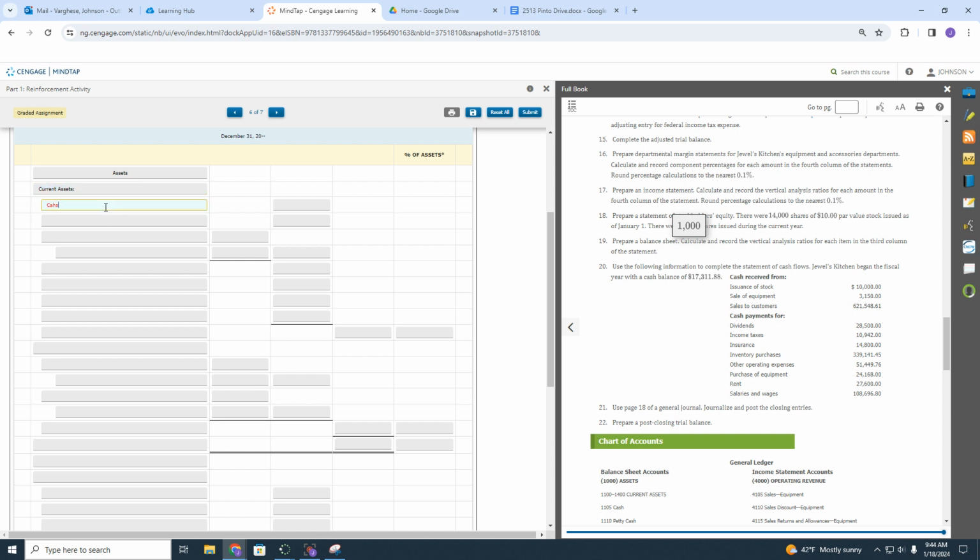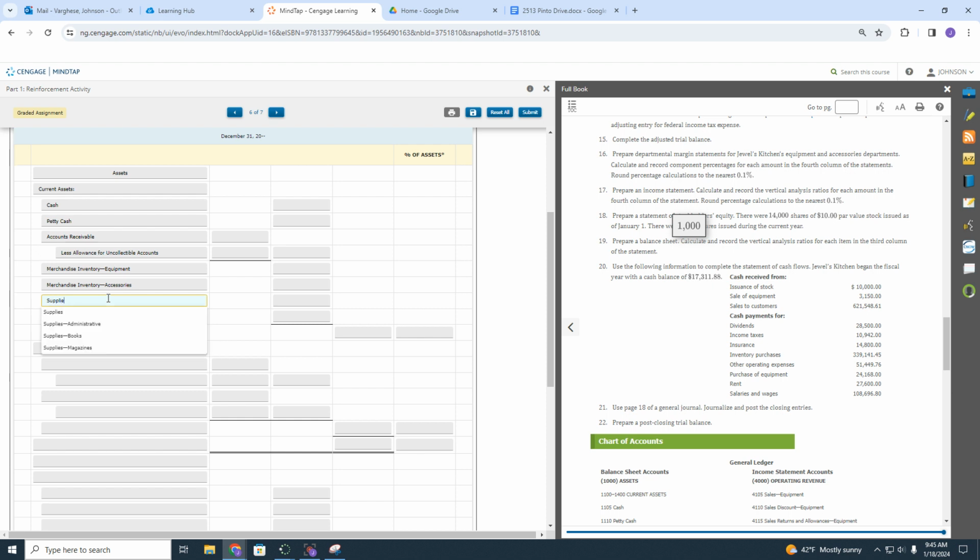So I got cash, petty cash, and then my accounts receivable, less the contra account to accounts receivable, which is my allowance account. They want me to put a less allowance account, okay. And then I'll do my merchandise inventory for both, starting with my equipment, and then I'll do my accessories.